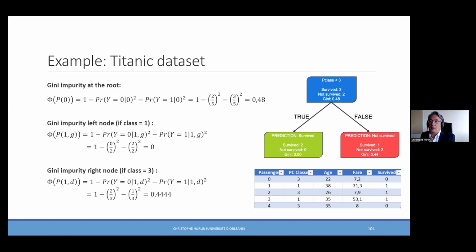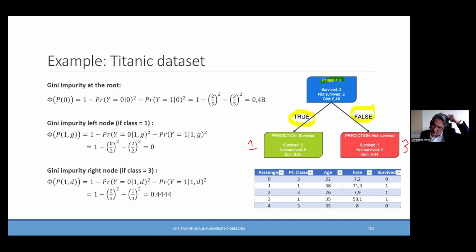So let me consider a rule like this: class is smaller than 3, true. What does it mean? It means that here we are in the first class, and when it is false, we are in the third class.